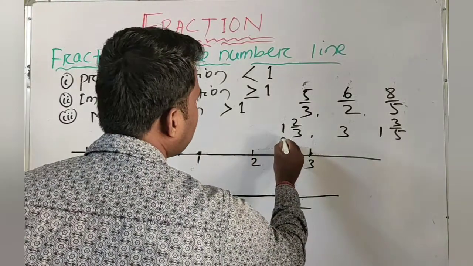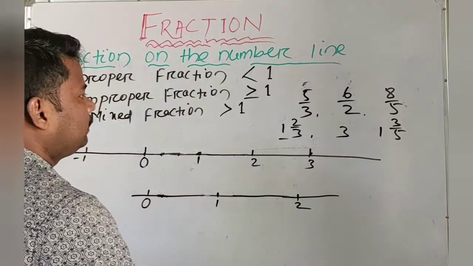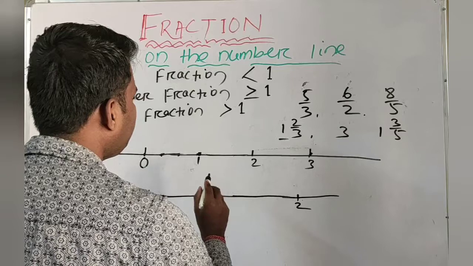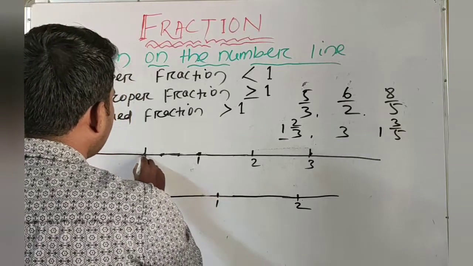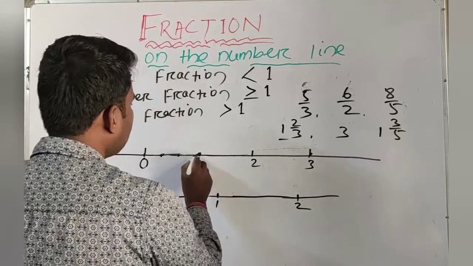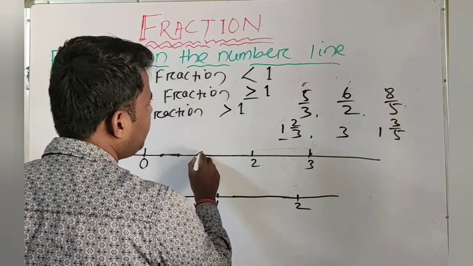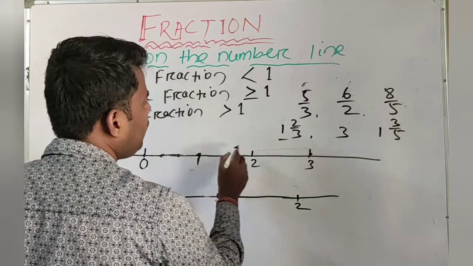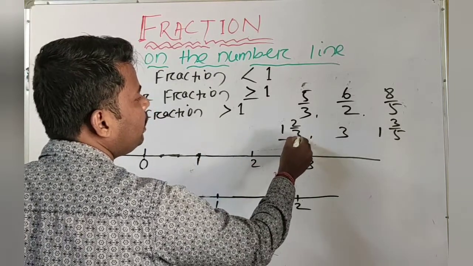Now we will represent these on the number line one by one. First one, 1 whole 2 by 3. How will we represent it? First we go to 0 and here 1, 2, 3. So 0 to 1, then we start from here. 1 whole, so we start from 1, and 2 by 3 means its denominator is 3.